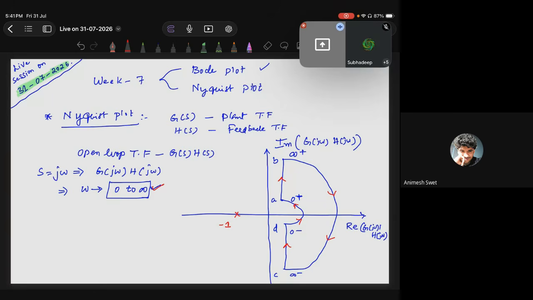Somebody, can you mute your mic? Animesh, can you mute your mic?